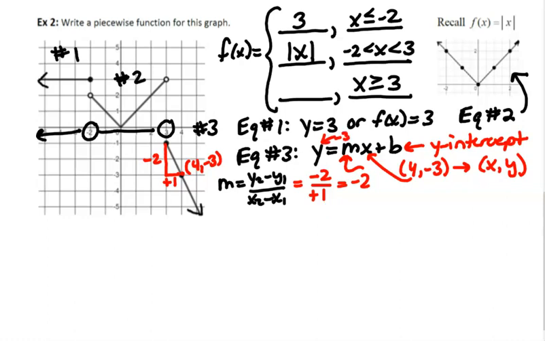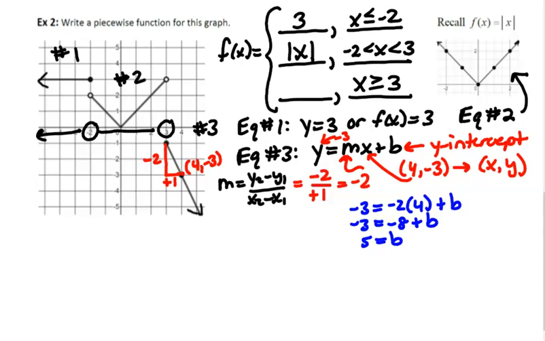So when I do that, I'll do this in blue, negative 3 is equal to negative 2 times 4 plus b. This allows me to figure out what the y-intercept has to be to make the equation true. So negative 3 equals negative 8 plus b, which means b has to be 5.